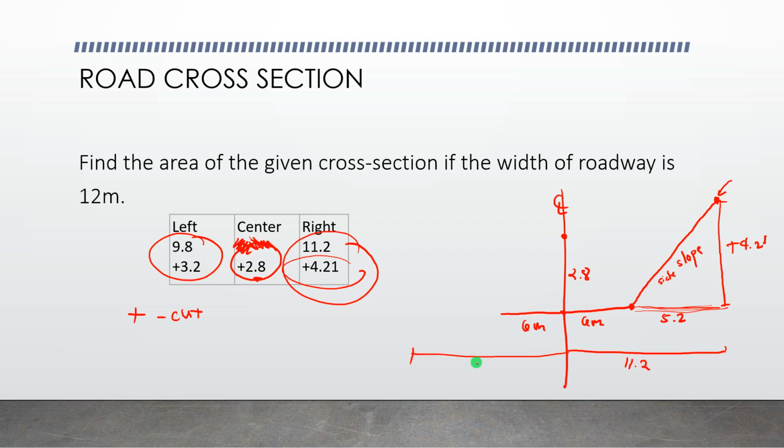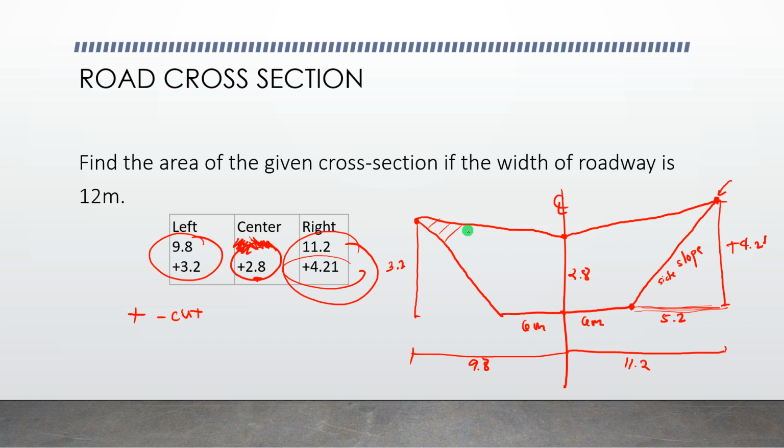So measure horizontally from the center line 9.8, and we have 3.2, slightly higher. So that's your point right here, 3.2. Then connect it to the edge. That's your side slope. Then connect the 3 points, and that's your cross section of the road.